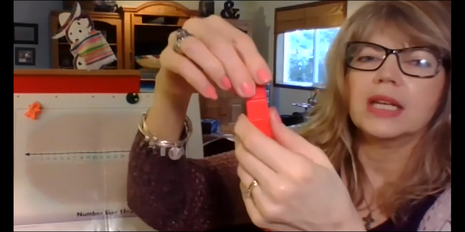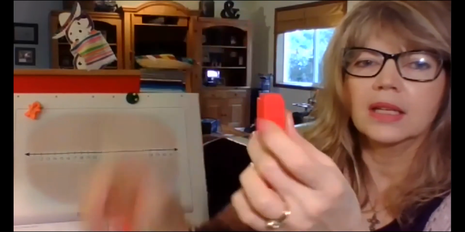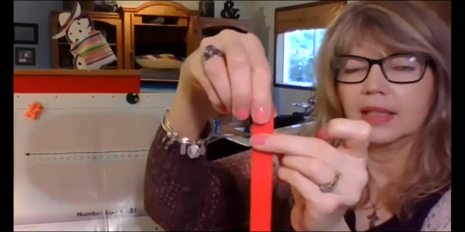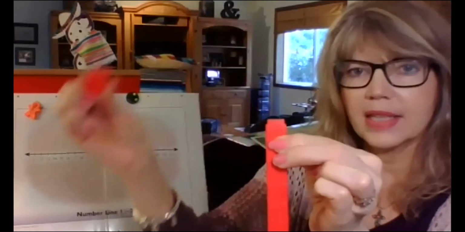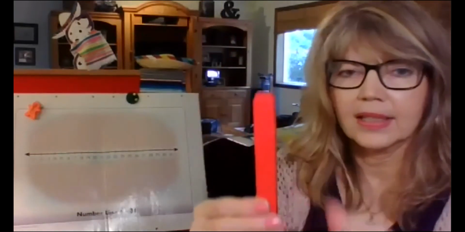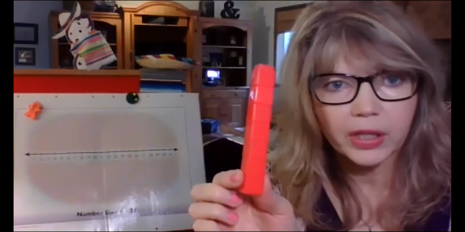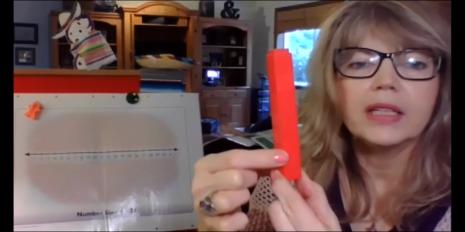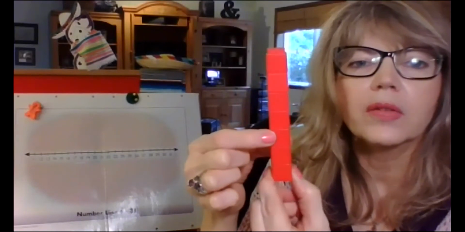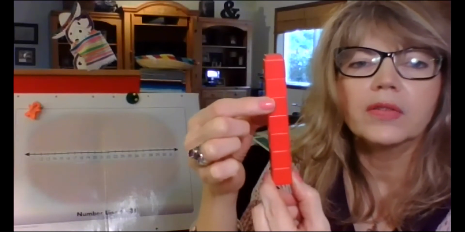Okay, so here's 10, 9, 8, 7. Did that take me to 7 when I took 3 away? I had 10 and I took 3 away. Let's see, did I end up with 7? 1, 2, 3, 4, 5, 6, 7.